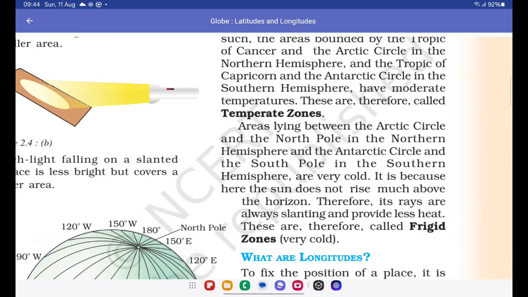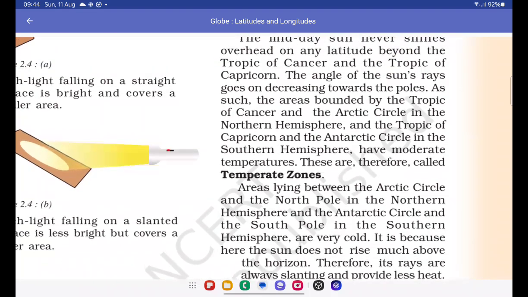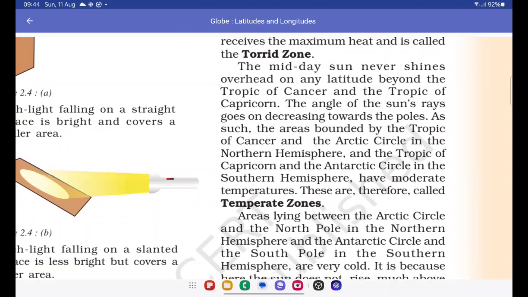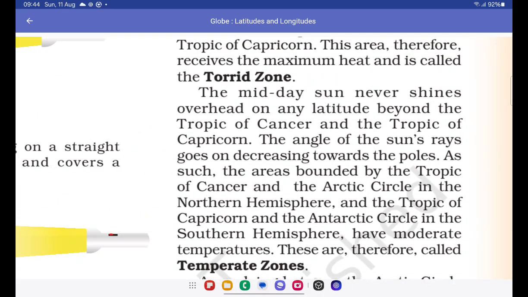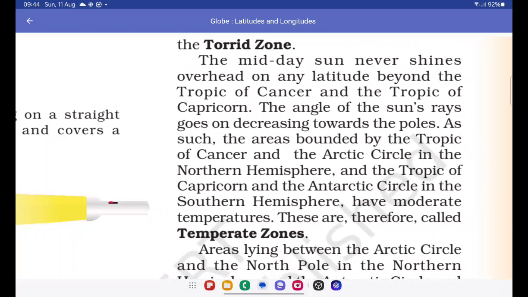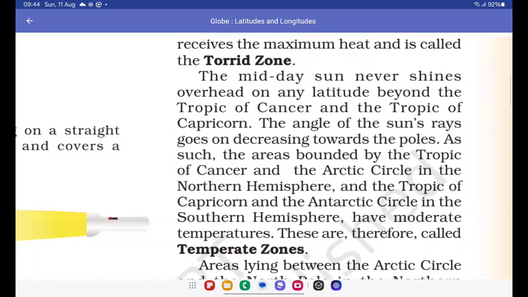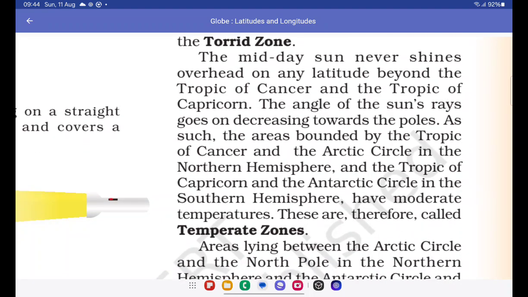Now, frigid zones are really cold. But in the temperate zones also, you need to remember one thing: the midday sun, near the middle of the day, somewhere around 12 p.m. or between 12 to 1 p.m., does not shine exactly at 90 degrees.